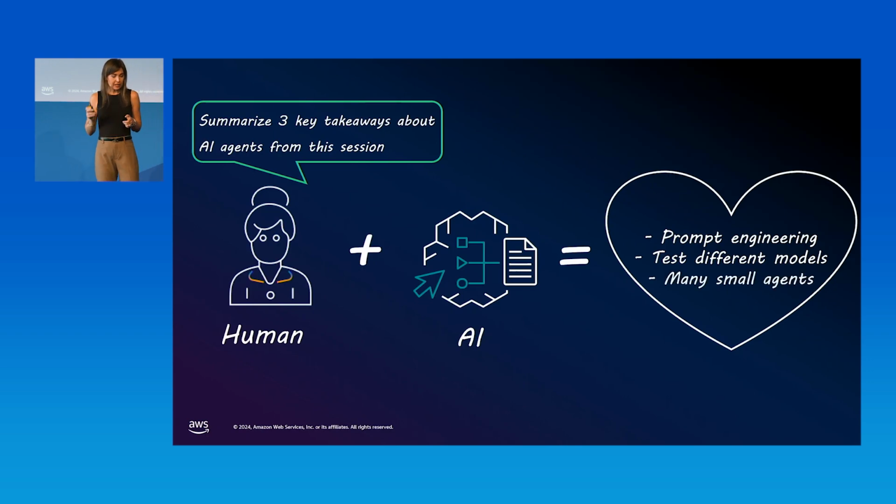And then the last is break down agents into small agents. So for example, we just showed you how to create an agent that will create Terraform code. But let's say maybe you're interested in CloudFormation.